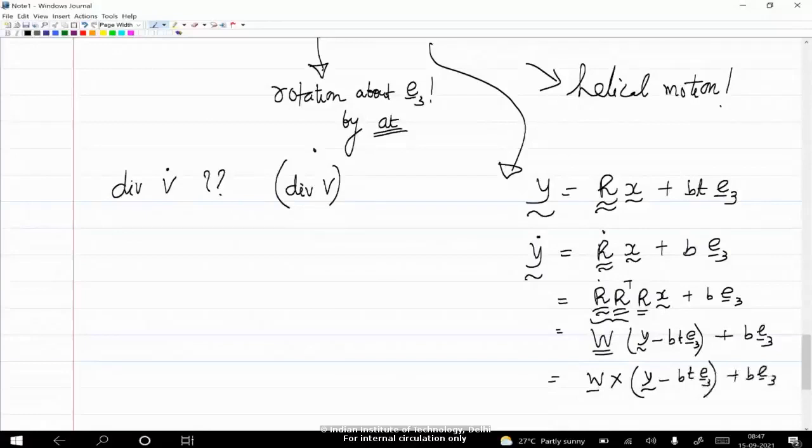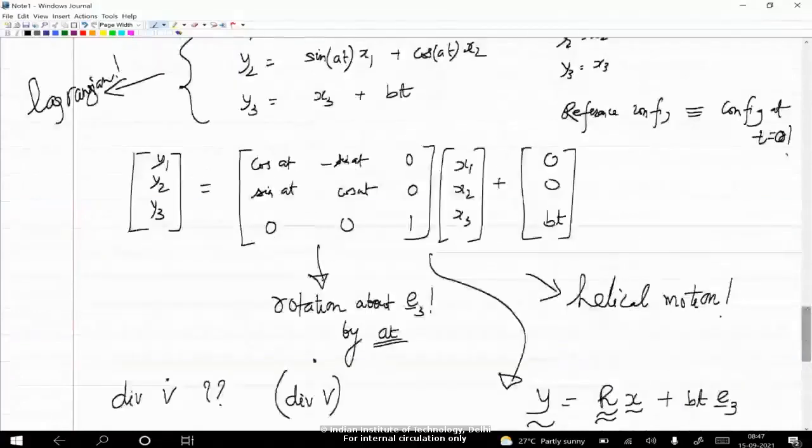But notice what is the W here? This rotation is the rotation about the e3 axis. So for this rotation about the e3 axis, the big W tensor or the W vector is simple, because we know that it's rotation about the e3 axis. So the angular velocity corresponding to it is a rotation about the e3 axis.